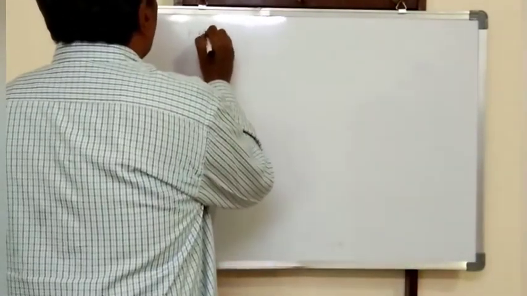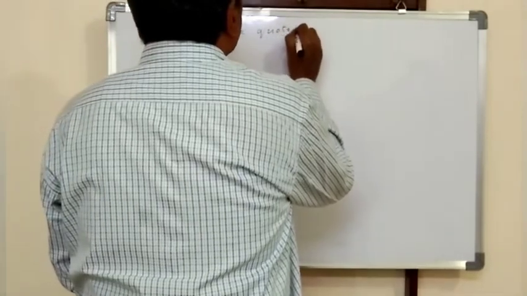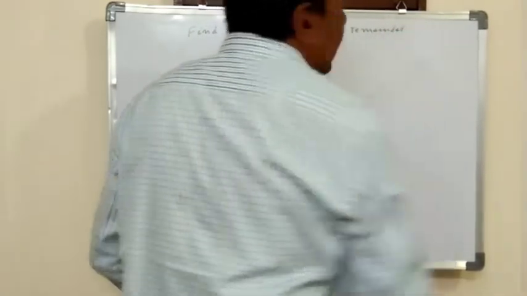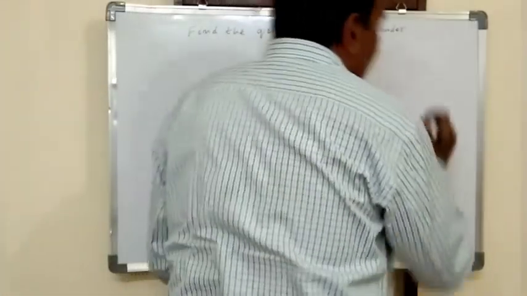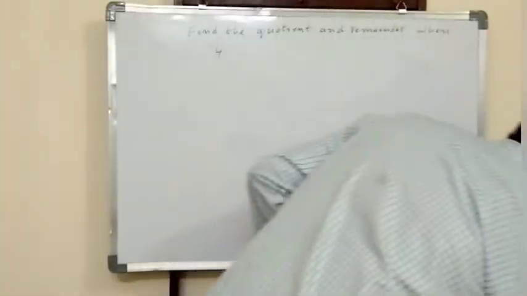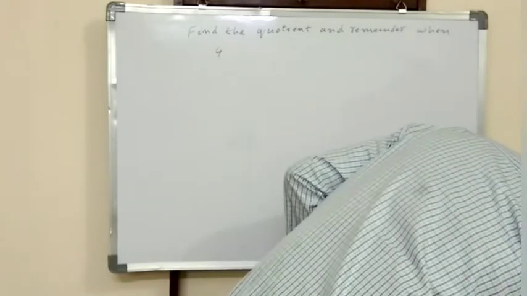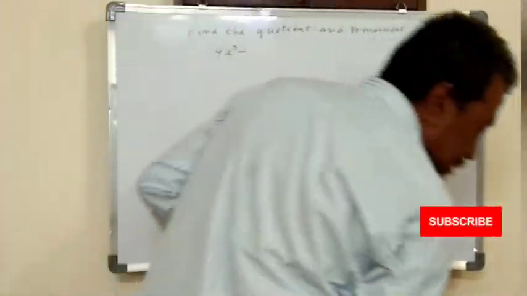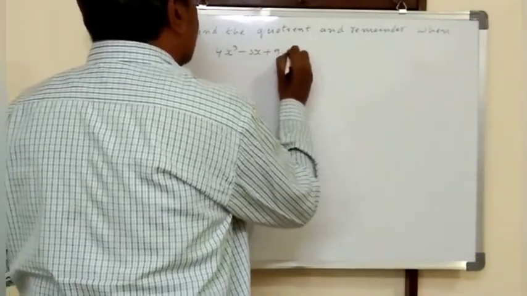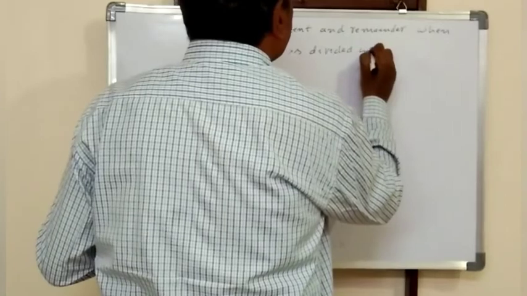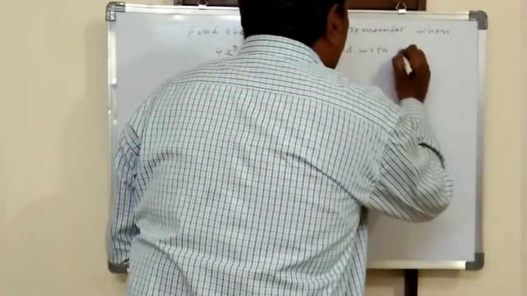Find the quotient and remainder when 4x cube minus 3x square plus 9 is divided with 2x minus 3.